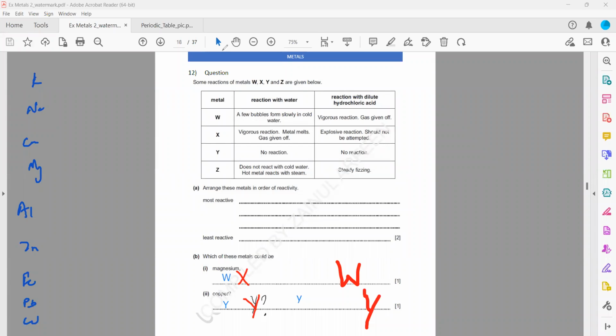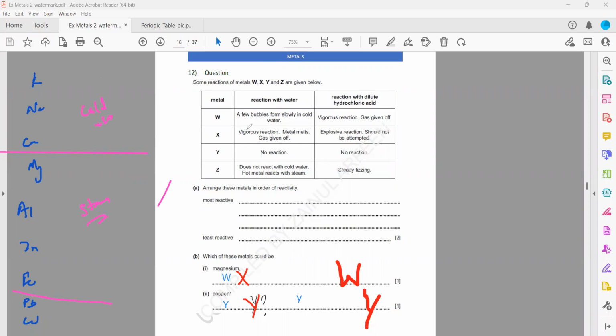Potassium, sodium, and calcium can react with cold water. They're high in the series. Magnesium reacts very slowly with cold water, and metals usually react with steam down to iron.